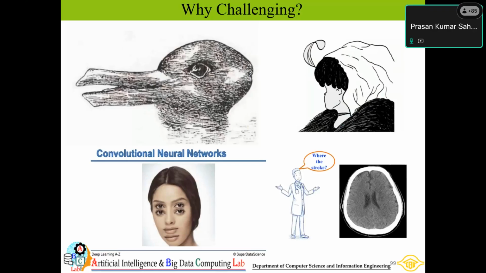So whether the image indicates it's a stroke patient or not, it is a bit difficult also for the doctors to say whether it's a stroke or not. So that's why we normally use artificial intelligence not only to predict but also to find the accuracy.